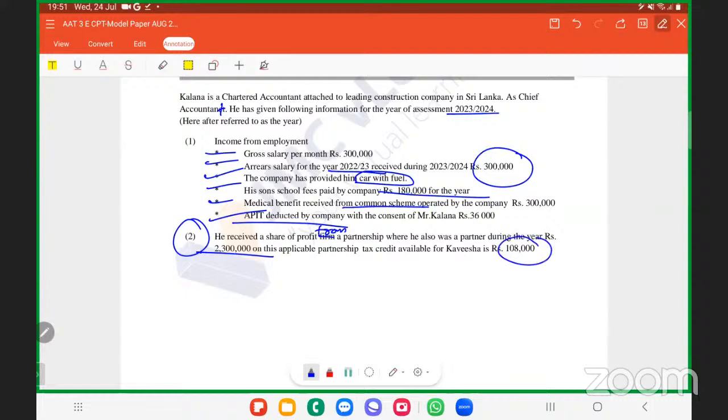So that 108,000 is applicable for this 2.3 million partnership taxable income. Therefore, this 2.3 million should be part of your business income, and the already paid 108,000 you can take as a tax credit.